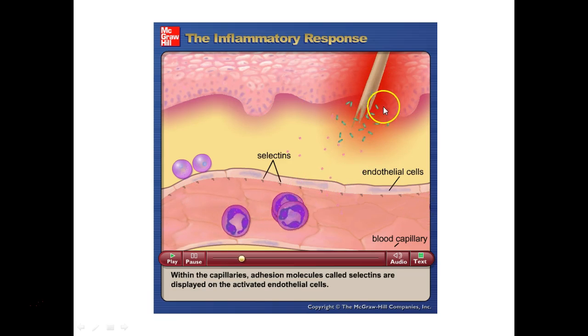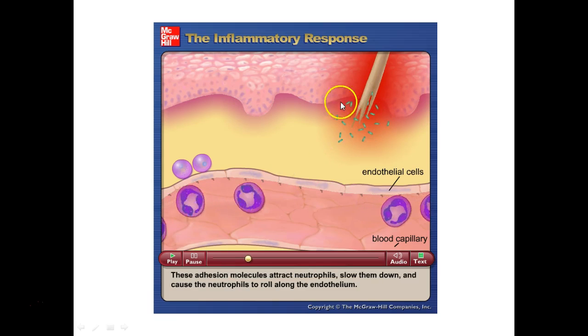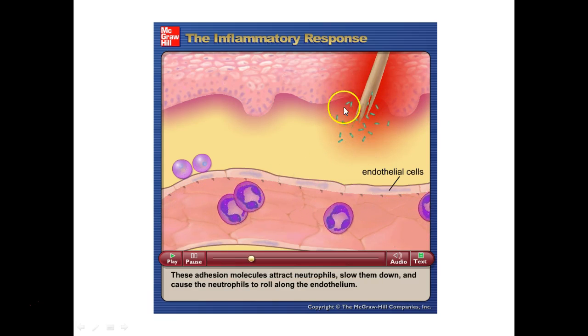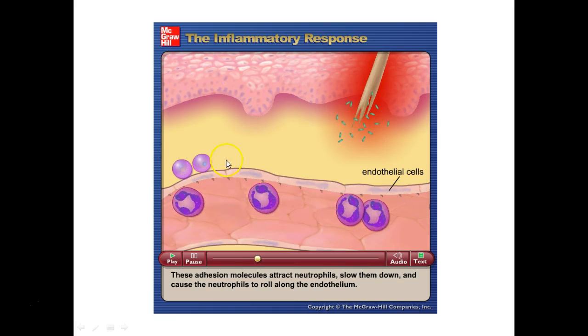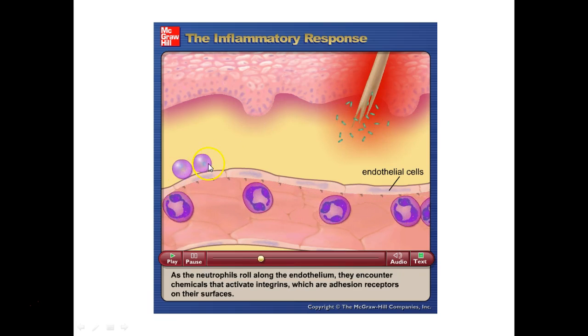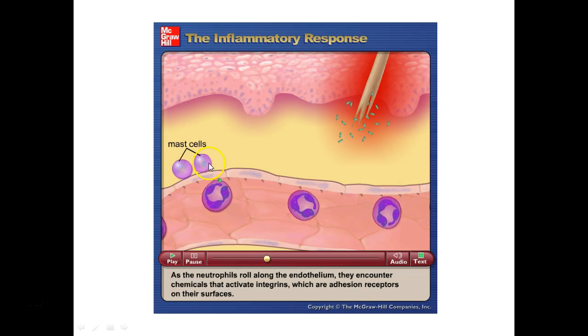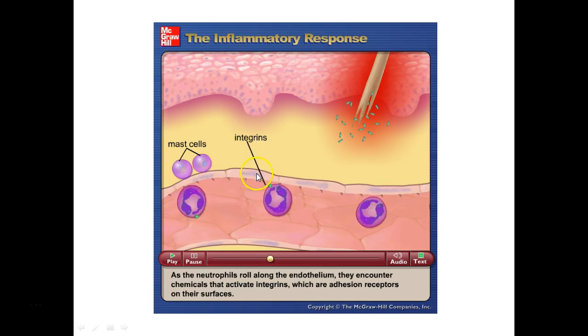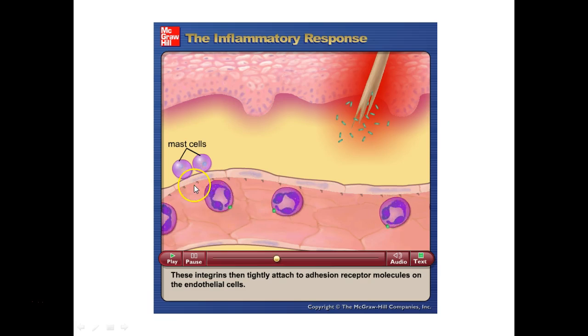When that happens, these cells are sending out signals because they've been damaged. Other cells may also be detecting the presence of these foreign substances, these bacteria. Resident cells like mast cells can detect them and release chemicals that cause changes to the endothelial layer, the layer of the blood vessel.